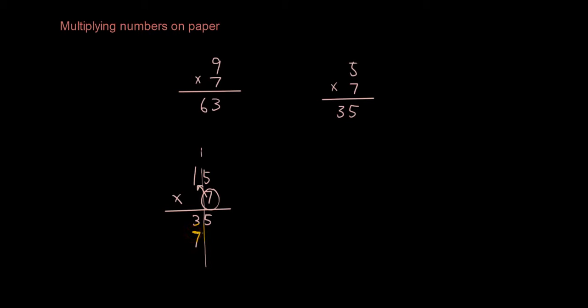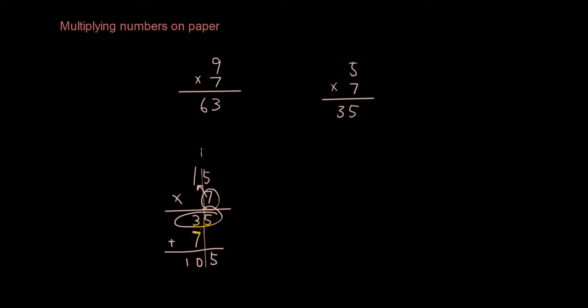That's why I write the 7 here, because 70 is going to be a 0 in the first column, the ones digit. So the answer is, now I'm going to add these two numbers. So 35 plus 70 is going to be 5 plus 0 is 5, 3 plus 7 is 10, 105.